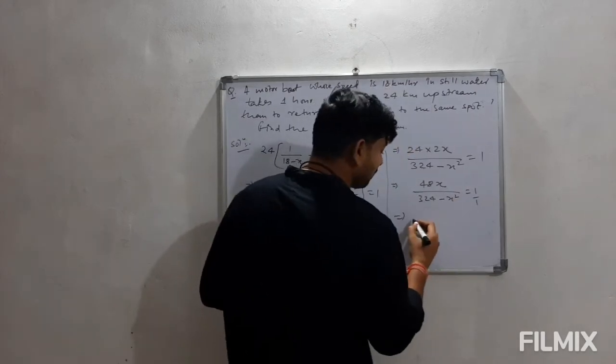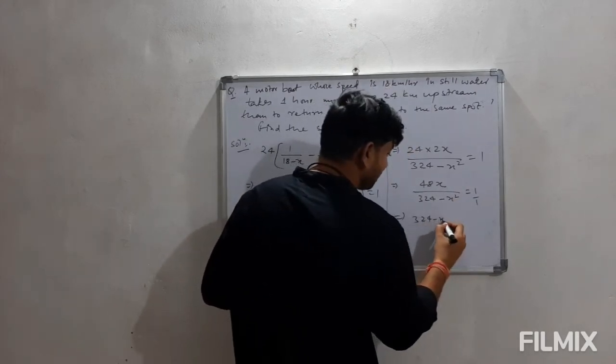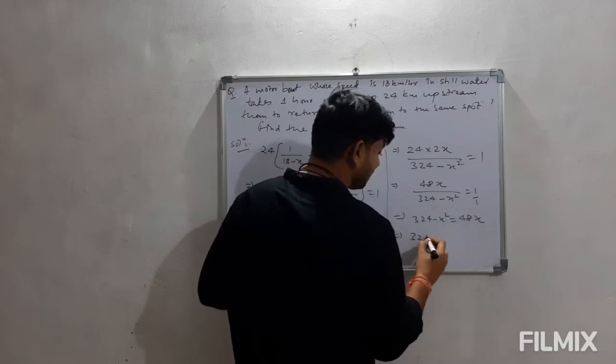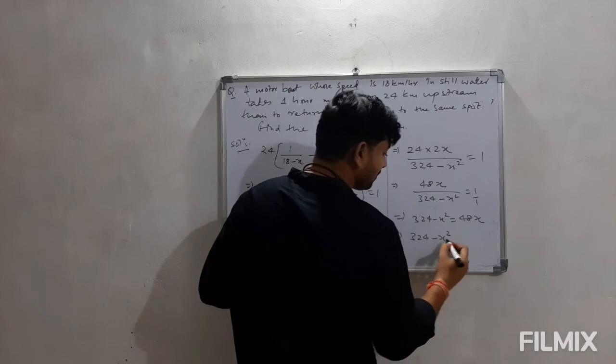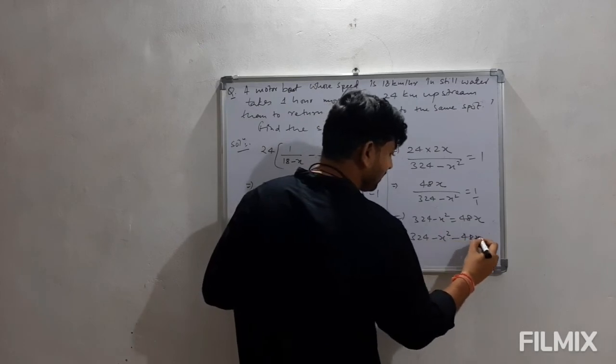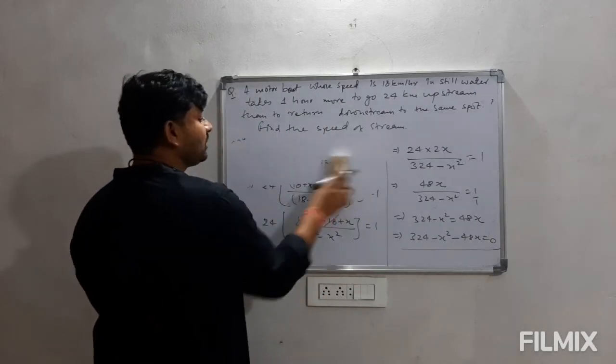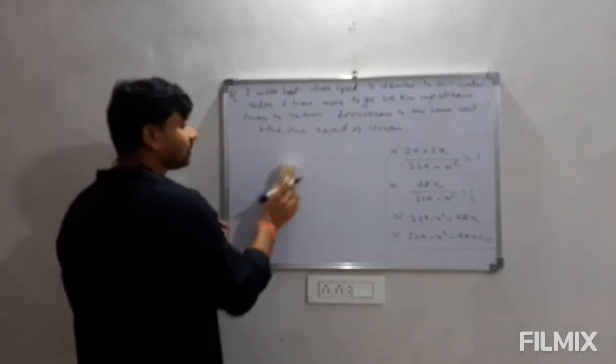Again cross multiplying, we are getting 324 minus x square is equal to 48x. So bring it here, we get 324 minus x square minus 48x is equal to 0. This is the equation, and now we have to solve this by using quadratic formula.